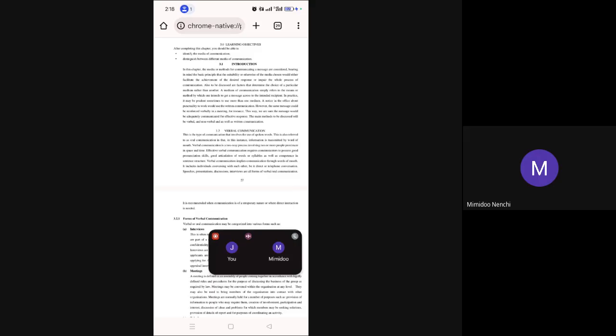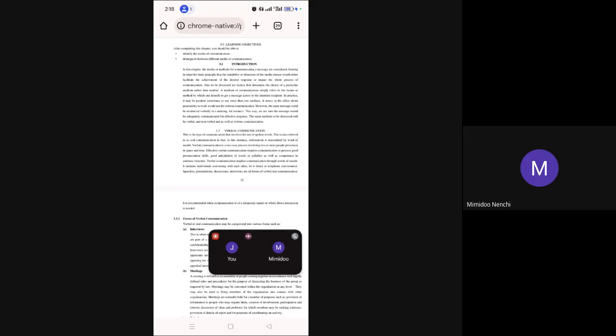Effective verbal communication requires communicators to possess good pronunciation skills. There should be good pronunciation skills, good articulation of words or syllables, as well as competence in sentence structure. These are things you need to look for when you want to send your message.